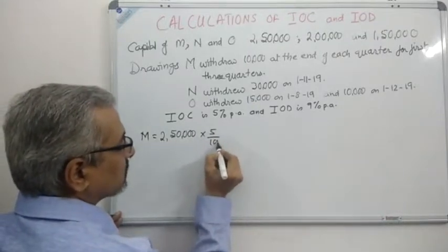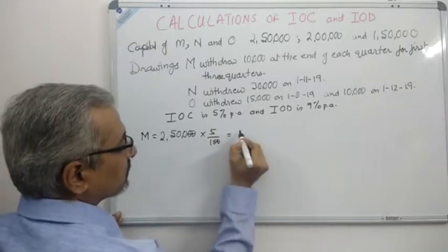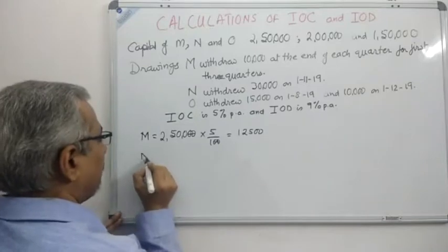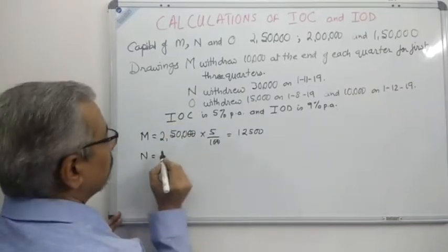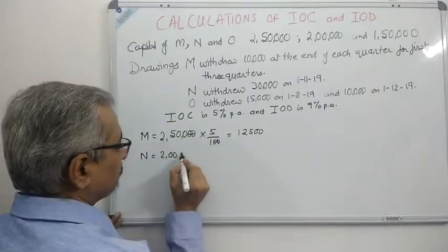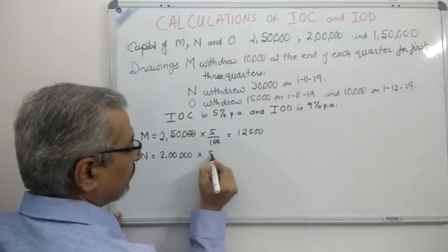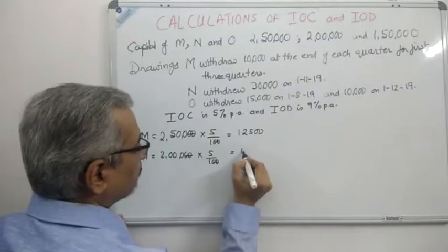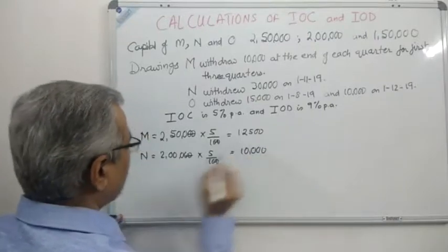5% of that gives us 12,500. Okay. N has 2 lakh as the capital. If we calculate 5% of that, we end up getting 10,000.